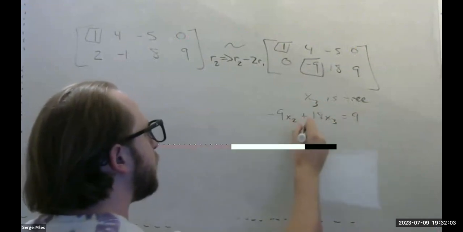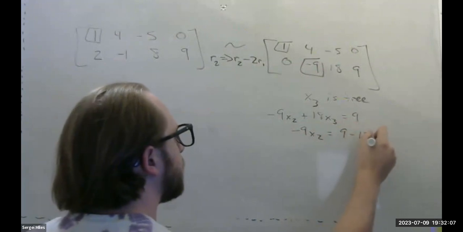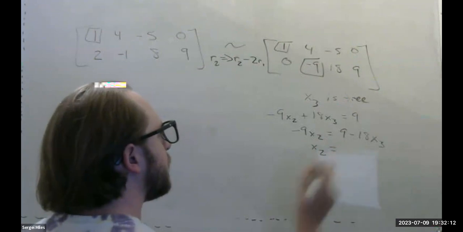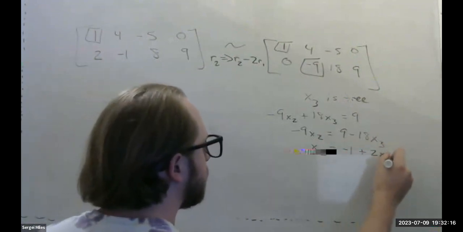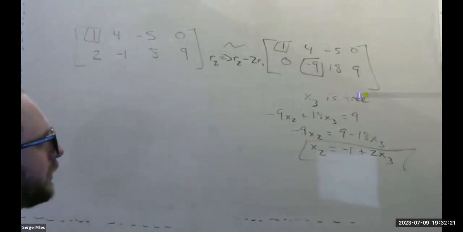I want to solve for x2. Divide by -9. 9 divided by -9 is -1. Positive 2x3. So x2 is this equation that depends on x3.